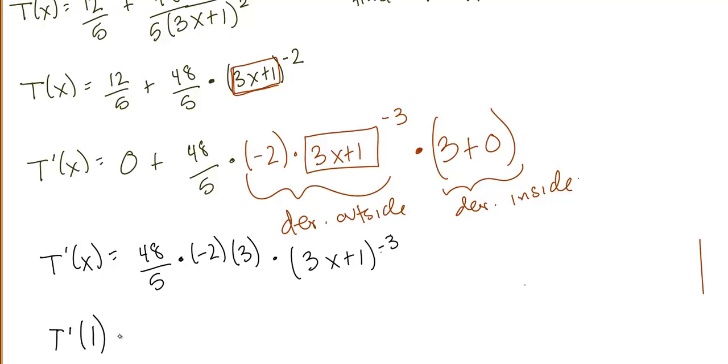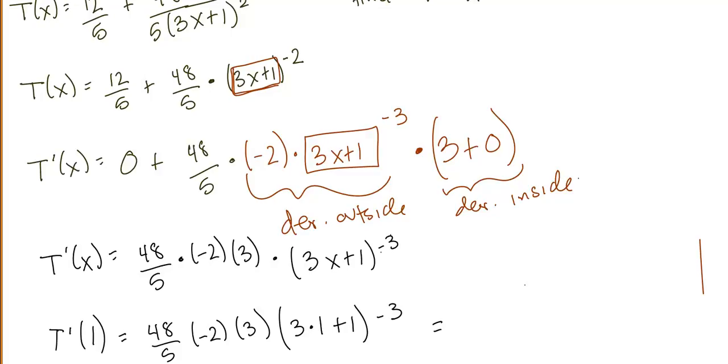Let's just go ahead and plug in x equals 1 right now. So we have 48 over 5 times negative 2 times 3 times (3 times 1 plus 1) raised to the negative third power. And if we plug all of this in, we get negative 0.9.